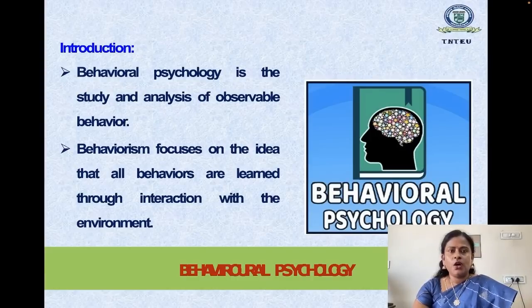Behaviorism focuses on the idea that all the behaviors are learned through interaction with the environment. This learning theory states that behaviors are learned from the environment and says that innate or inherited factors have very little influence on behavior.